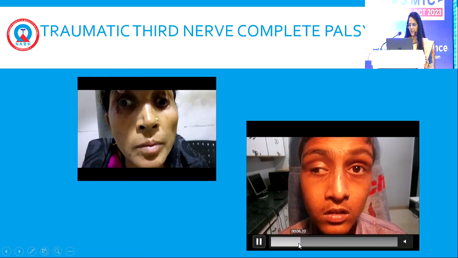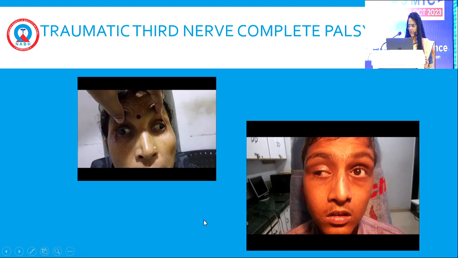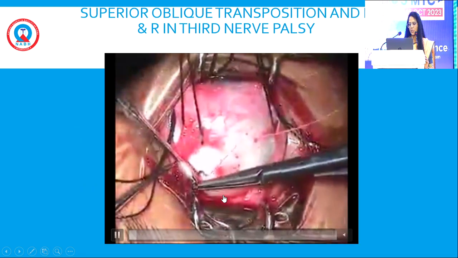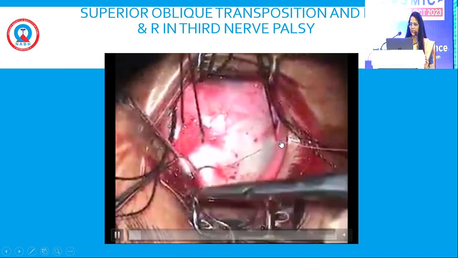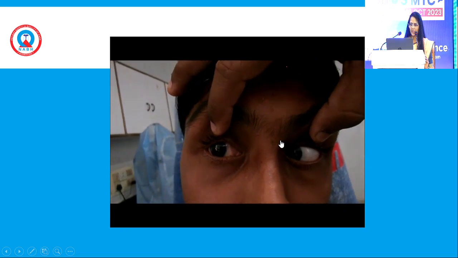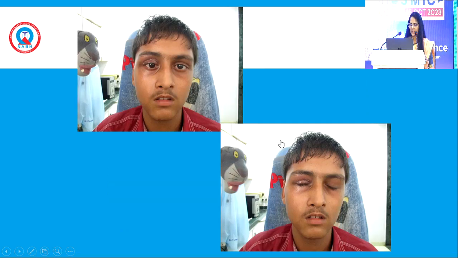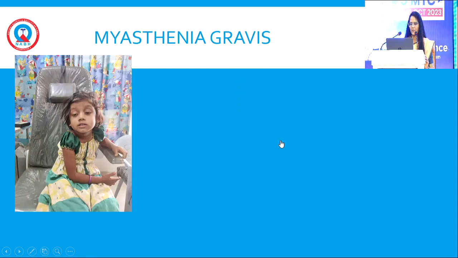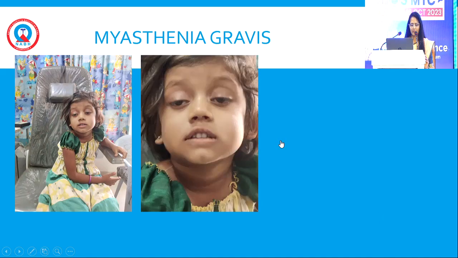In this patient, when there was a long-standing third nerve palsy, we did superior oblique transposition to the medial rectus along with R and R of horizontal muscle. So that is the post-operative treatment of this third nerve. Then later on, we operated for ptosis. Whenever there is a spread of comitance, you have to take care of it too much.